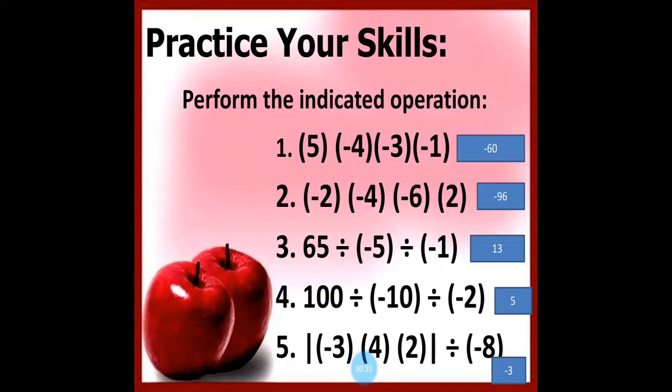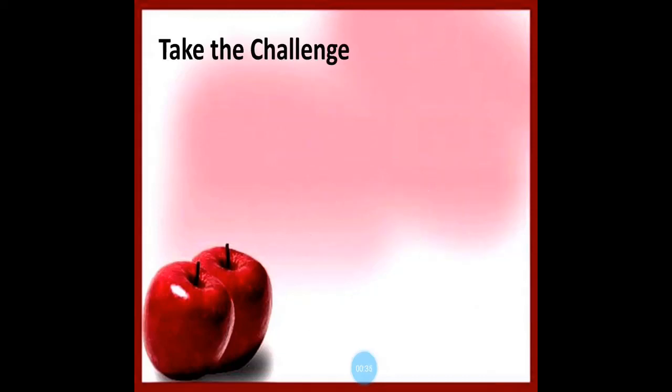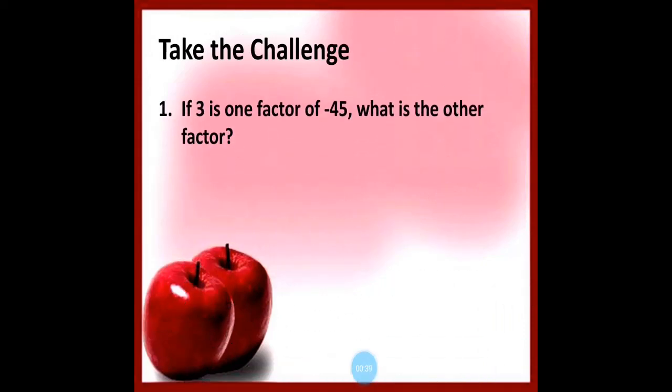Is that clear? Okay, so let's have the challenge. If 3 is one factor of negative 45, what is the other factor? Here, we are going to think of a number to be multiplied by 3 in order for us to get negative 45. To get that, we may have negative 45 divided by 3. And the answer is negative 15.